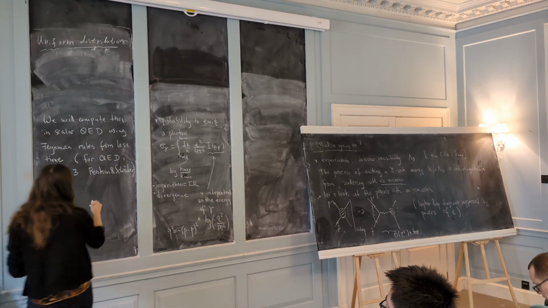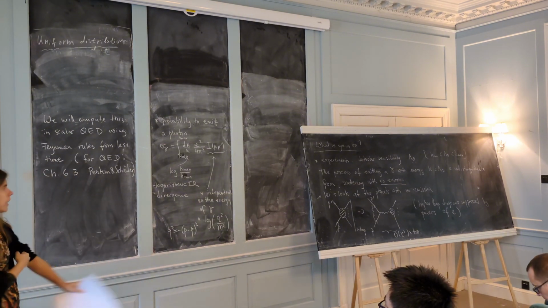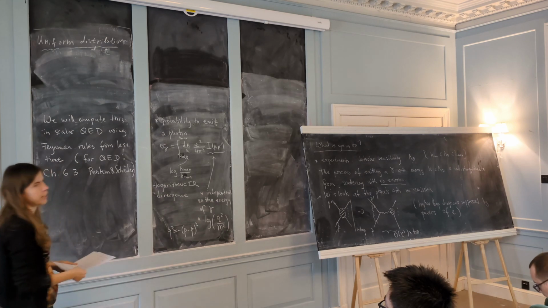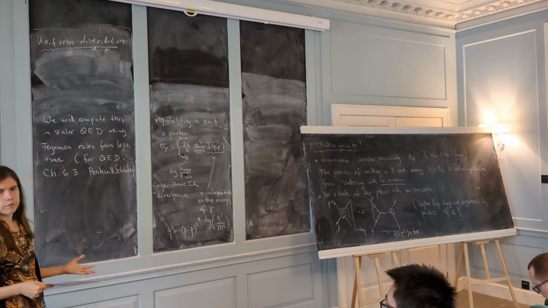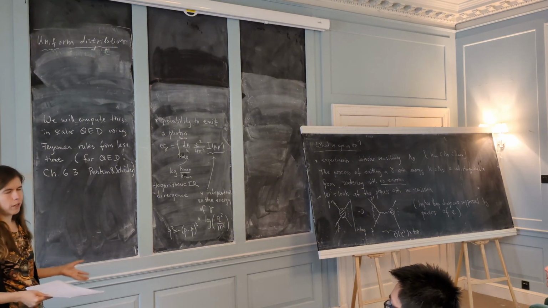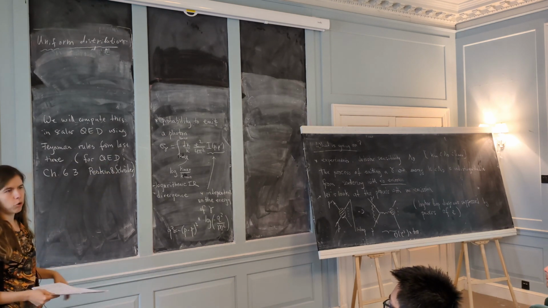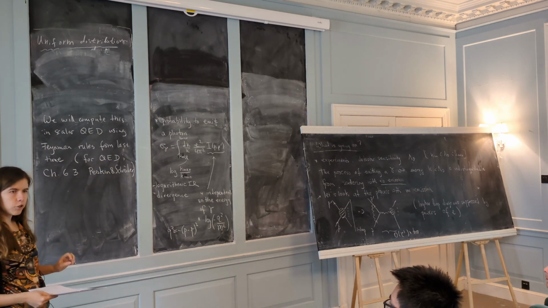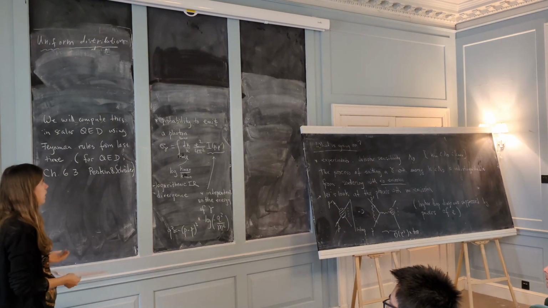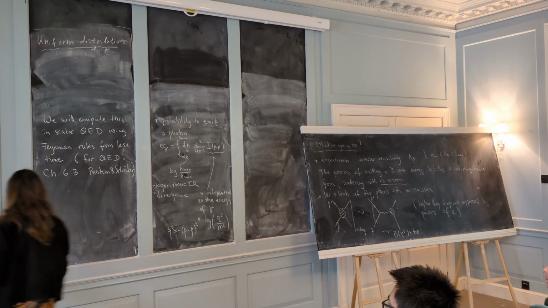In Peskin and Schroeder, they do the full computation. You can compute this exactly, and then they show that the result is infrared divergent. To extract the infrared divergence, they take this full result that they obtain after a few pages of computation, and then they are able to resolve this infrared puzzle in a way that we'll sketch. But it turns out that if you're only interested in the infrared divergences, the computation can be drastically simplified, and this is what we are going to do today.